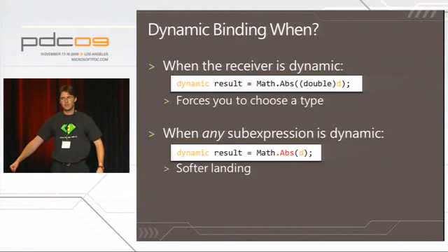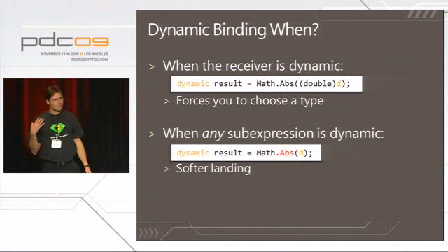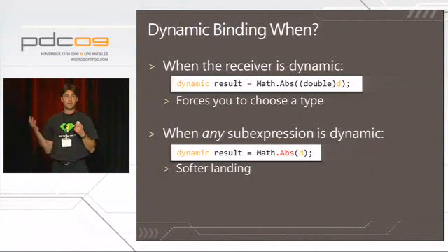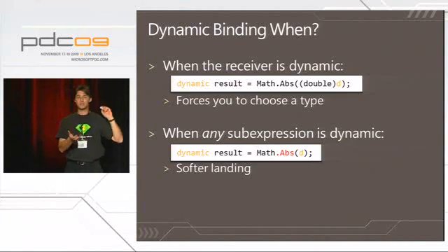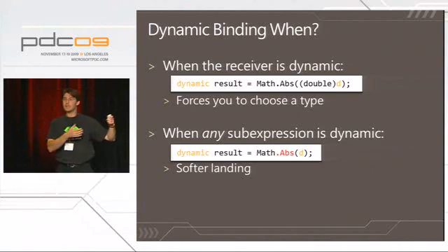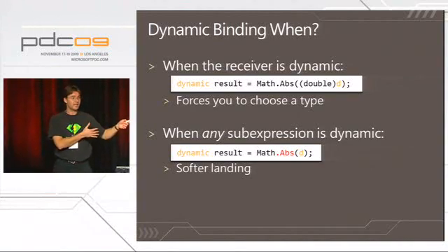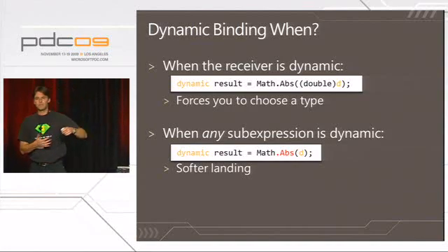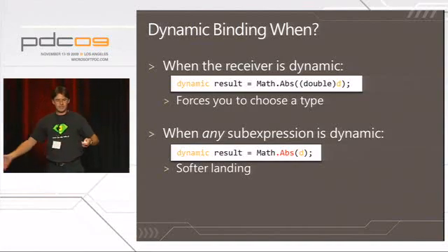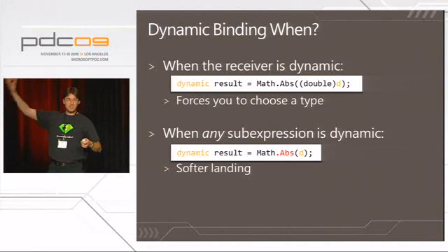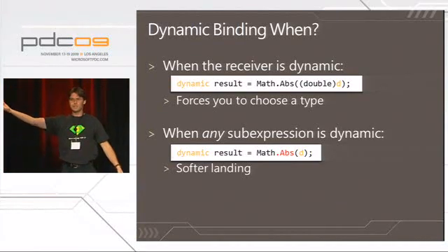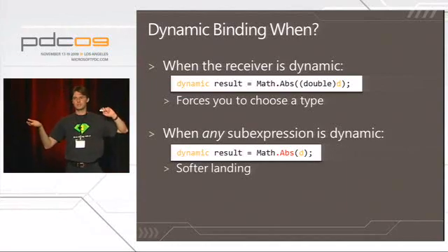Okay. But what we have to think about is what happens after you call something on that dynamic object? You get something back. It might be another dynamic object, but it might also be just a .NET object. And you sort of want to ease your way back into the static world, because C# is a static language, and that's where we want to end. We want to end back in static. And having to say immediately, as in this example here, I get a D back from some dynamic operation, and now I want to get the absolute value of it.